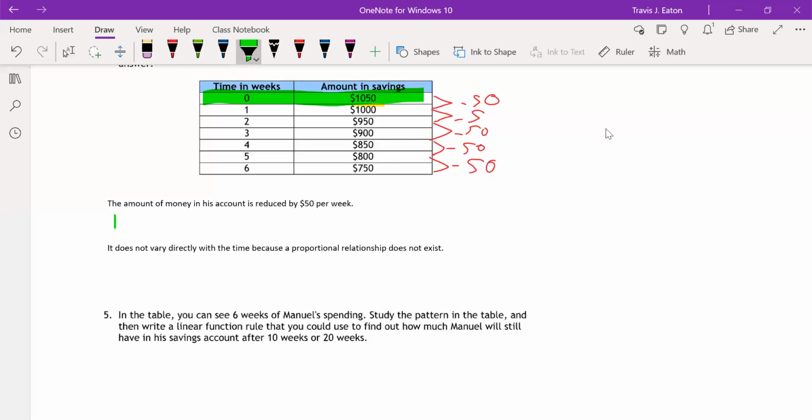There's money there at the beginning, so it doesn't vary directly because there's no proportional relationship. Very nice, right? Even though the rate of change is constant, this is a non-proportional linear relationship.